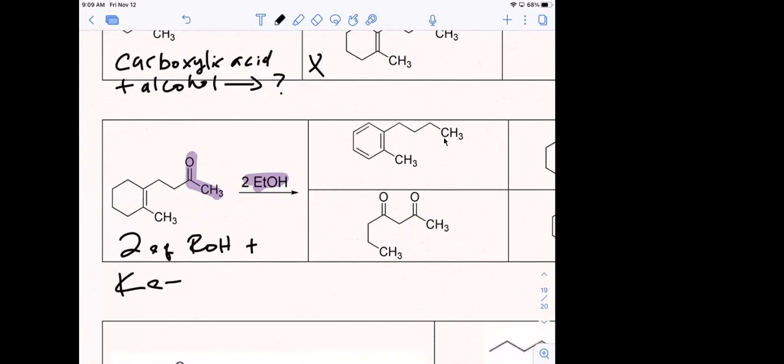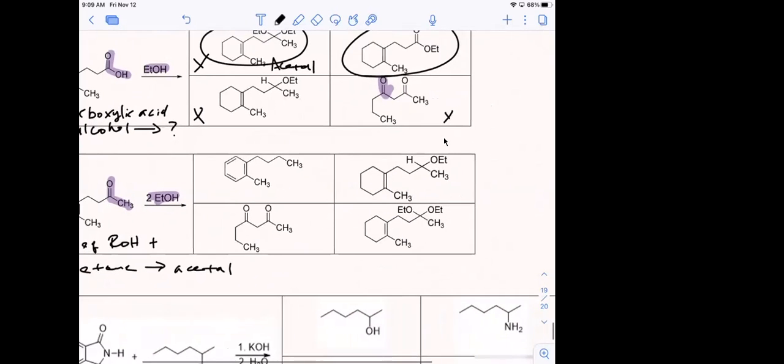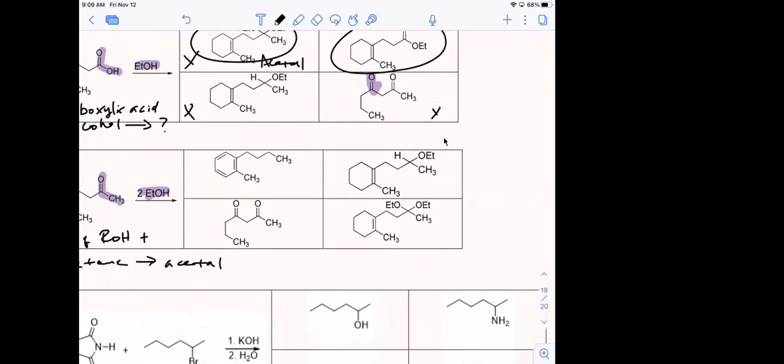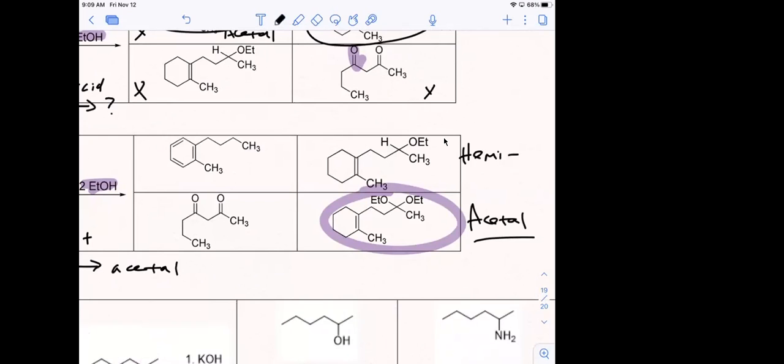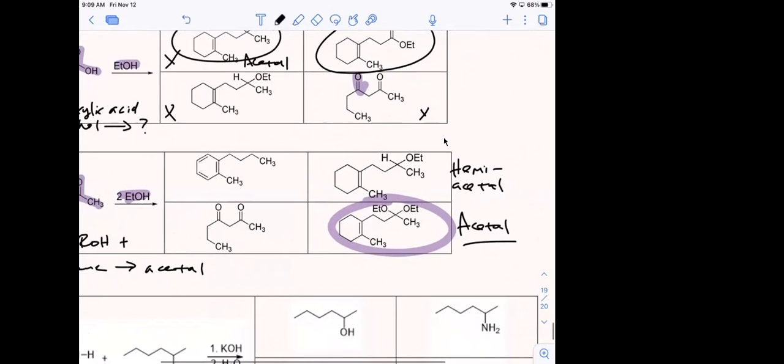Yeah, we would get an acetal, which is the correct answer. But the hemiacetal is here, and that only happens if I only have 1 mole of alcohol and not 2.